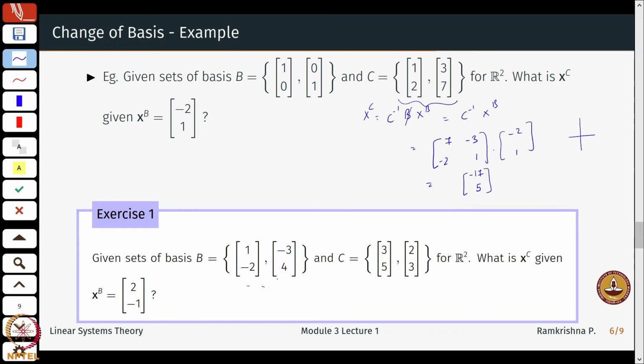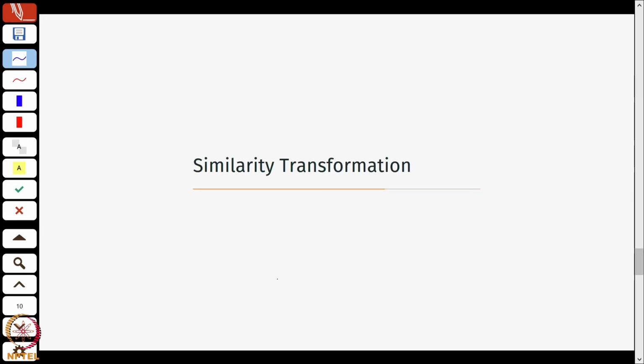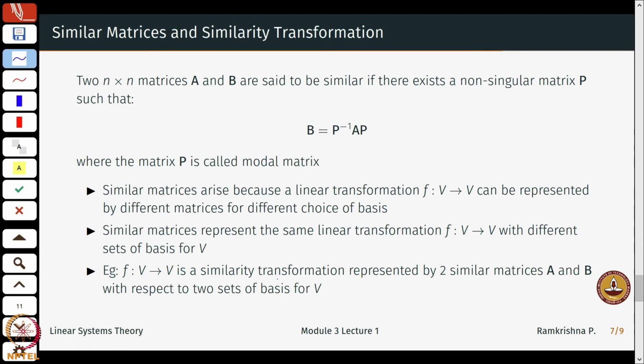Okay, let us do something we would come across a lot of times, a concept called the similarity transformation. Let us start with two square matrices, two n cross n matrices, and by definition, we will see what this definition means and where this possibly even comes from.